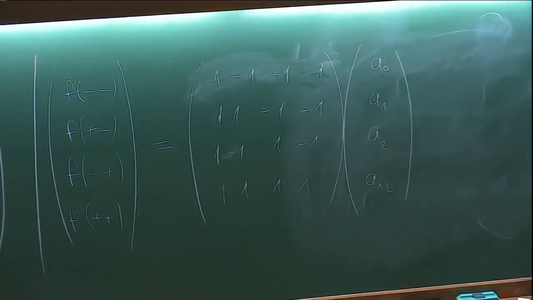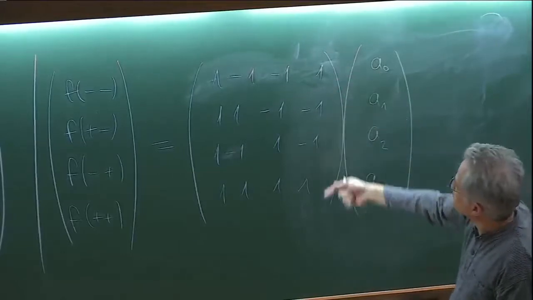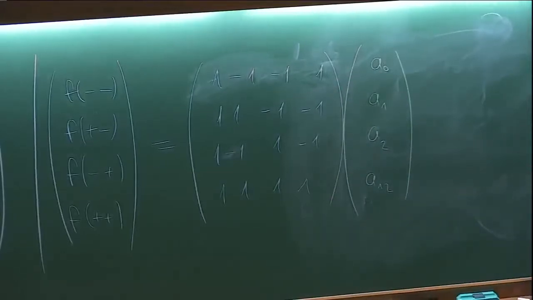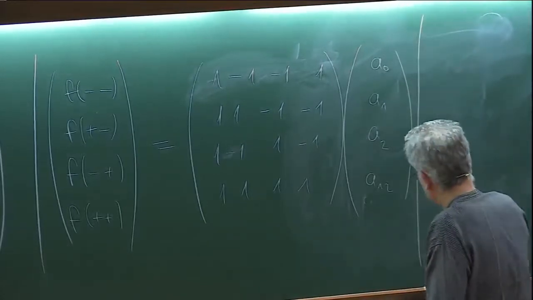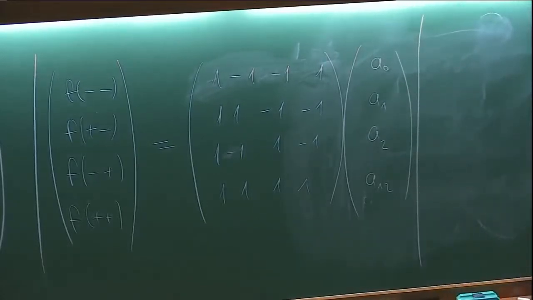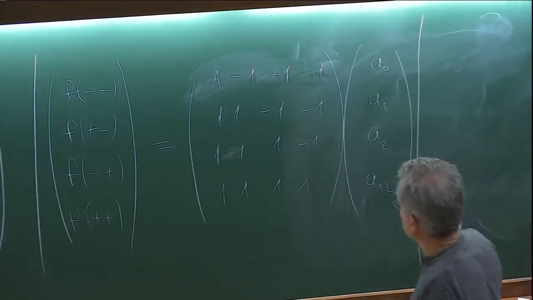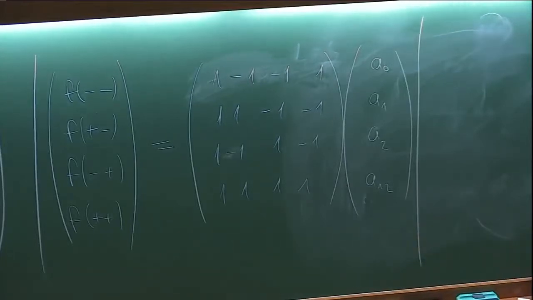And what you can see by plain eye is that all the rows and columns of these matrices are mutually orthogonal. Okay, so this is what I meant when I said yesterday this is an expansion in orthogonal eigenfunctions. So this is what makes this transformation mathematically nice. And the inverse is simply the adjoint of that matrix.